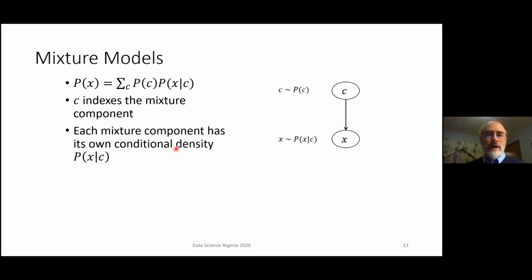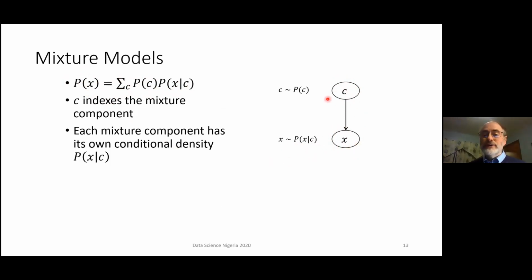Then we can write the probability of x as the sum over the clusters of the probability that the point comes from cluster C times the probability distribution of x given C. If we write that down as a graphical model, we have this discrete variable C that indexes the clusters, and then this observed variable x that is the actual values that are generated.